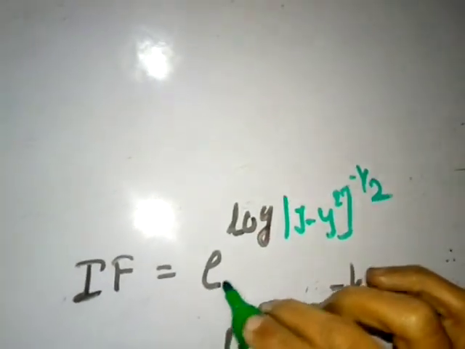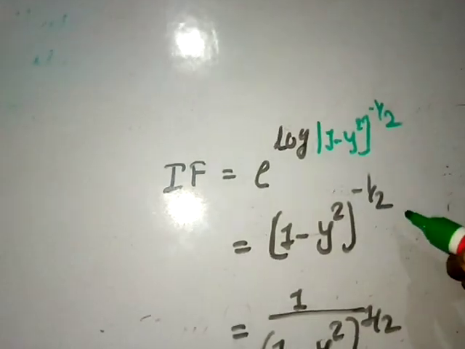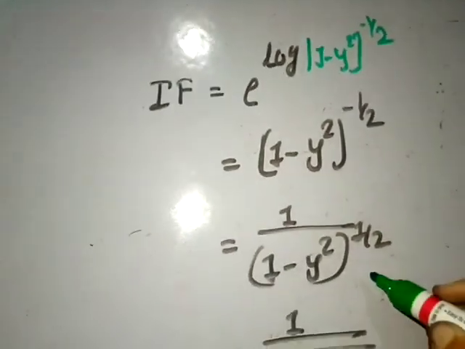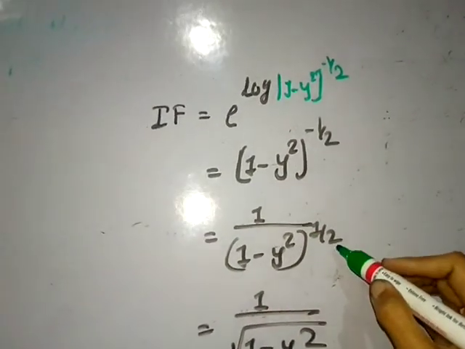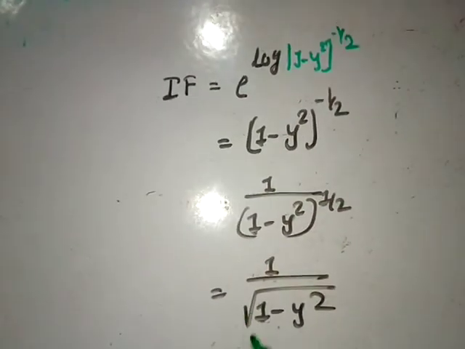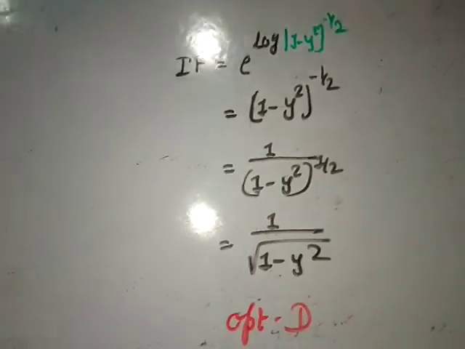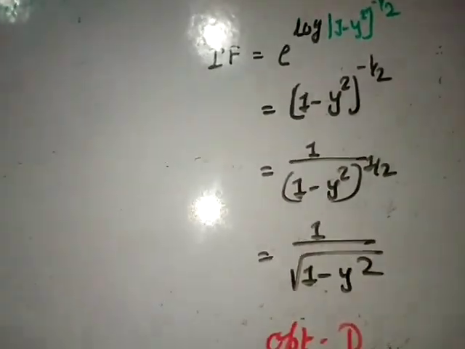So log and e cancel, so you get (1 - y^2)^(-1/2), and the negative power in the denominator becomes positive. So 1/(1 - y^2)^(1/2), and this 1/2 power can be written as a square root. So 1/√(1 - y^2), and that is the correct option, option D. So option D is the correct option.